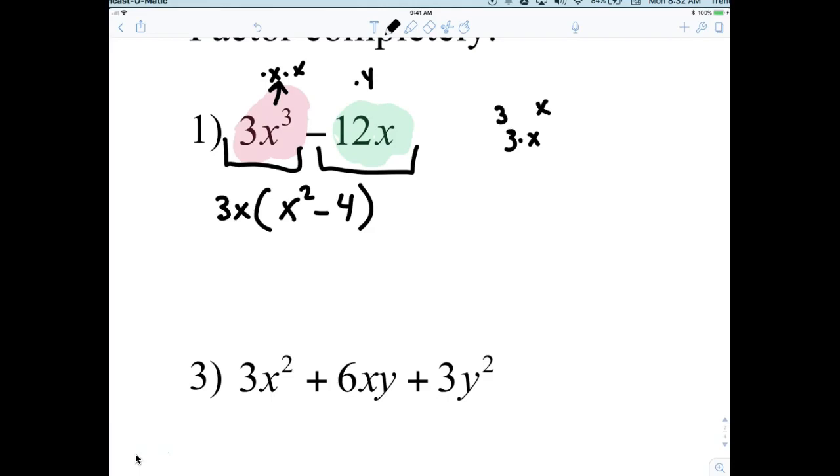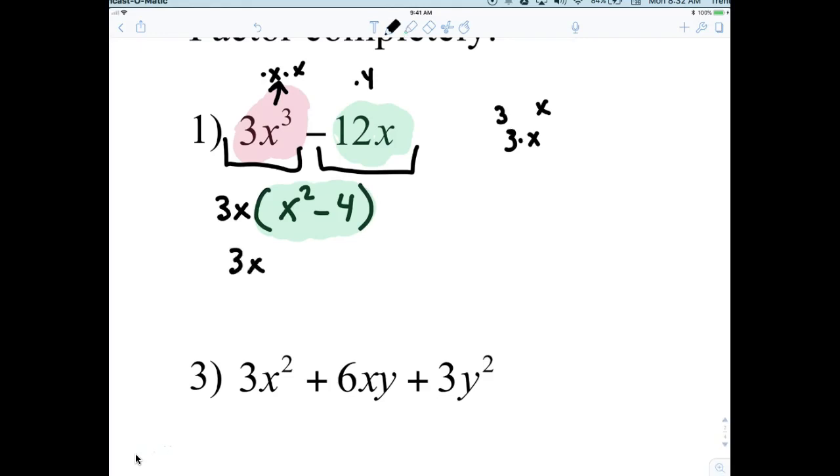All right. So that's pulling out the greatest common factor. Now, does anybody recognize x squared minus 4? That you should remember from Friday, which we agreed was kind of easy. That factors. What does x squared minus 4 factor into?